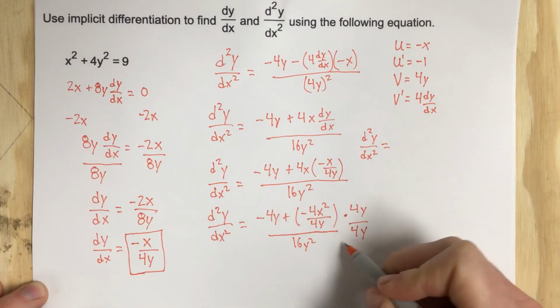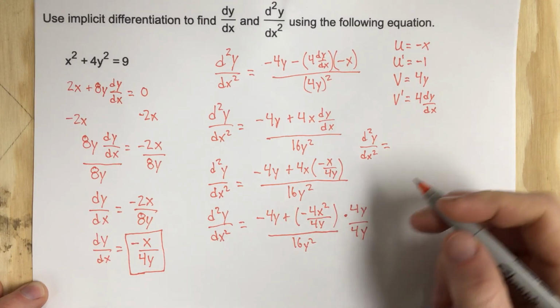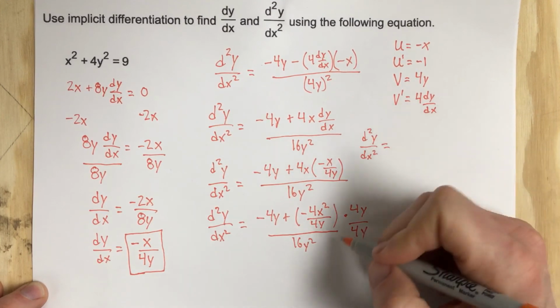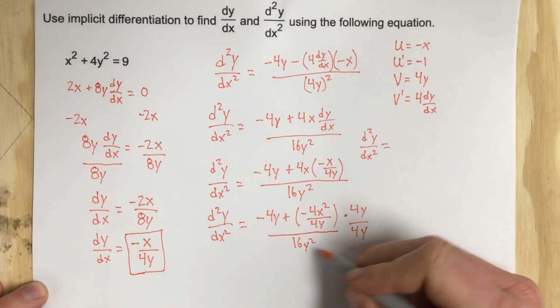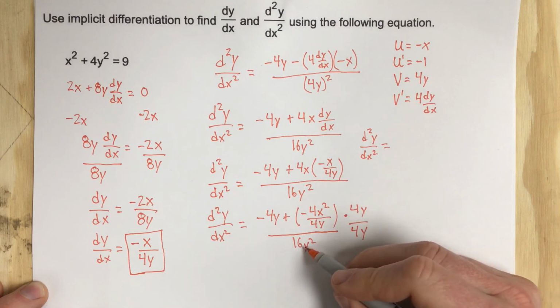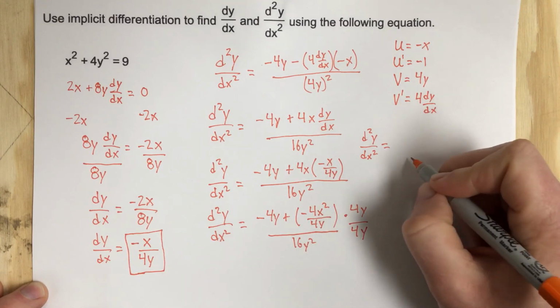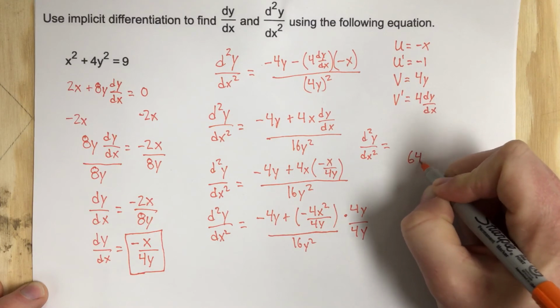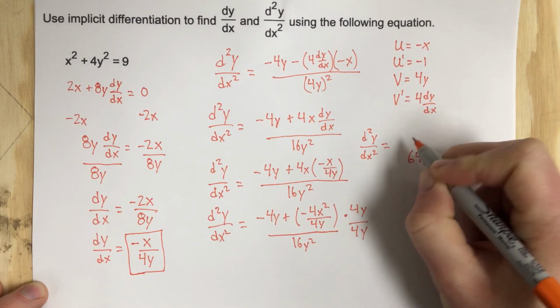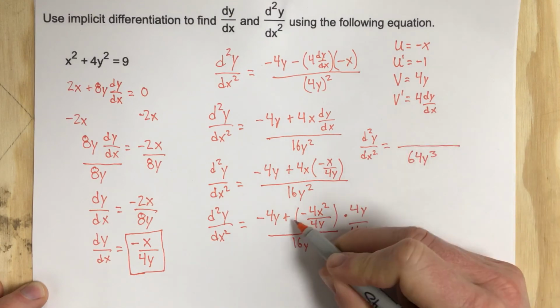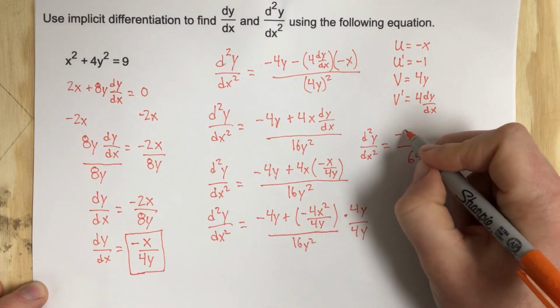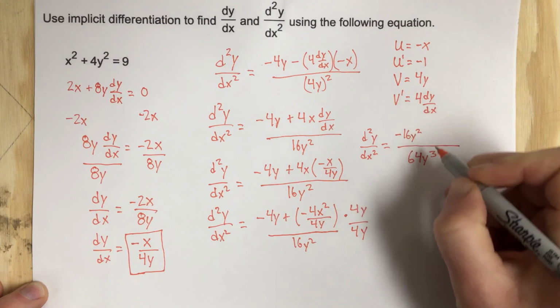So when I multiply the top and the bottom by 4y, on the bottom, 16 times 4 will be 64y cubed. And then on the top, if I distribute that 4y to each term, that'll be negative 16y squared.